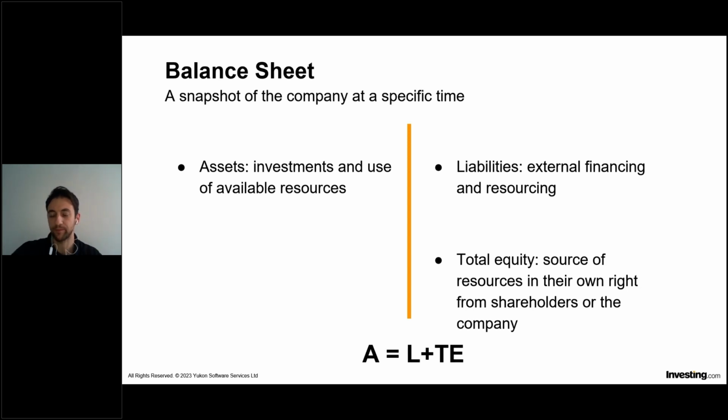On the left part. On the right part, we have another kind of thing that is called liabilities. That is all the external resources that the company needs to find, okay? For example, the debt to the banks, the suppliers, all these things are liabilities.